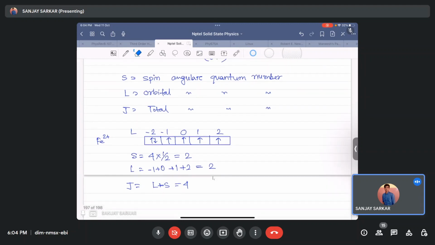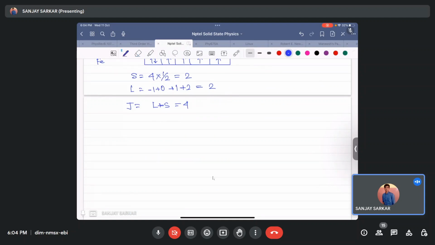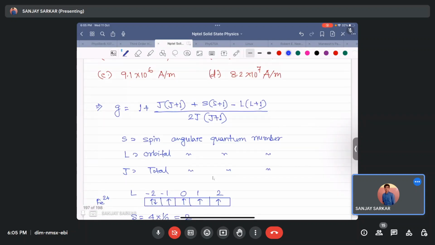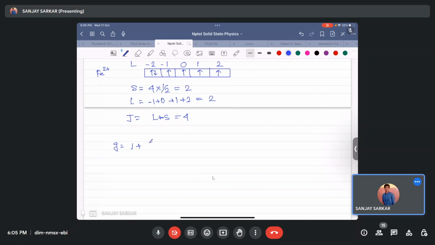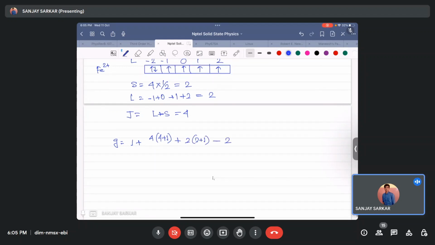So using this, let's calculate G. What is G then? G is 1 plus J into J plus 1. Let me verify the formula again. Yeah, it is it. J is 4, so 4 into 4 plus 1, plus 2 into 2 plus 1, minus L is also 2 into 2 plus 1, divided by 2 into 4 into 4 plus 1, because it is 2J into J plus 1.